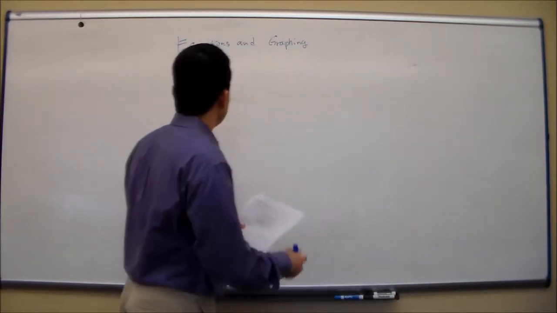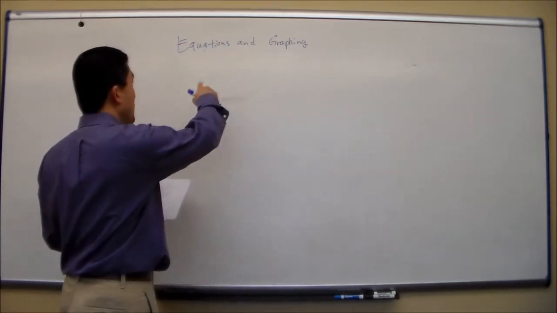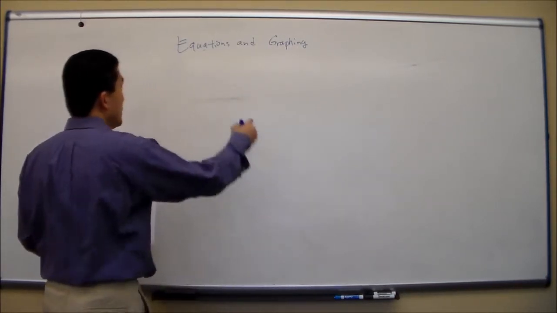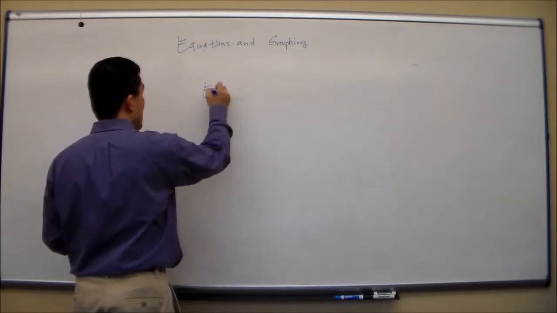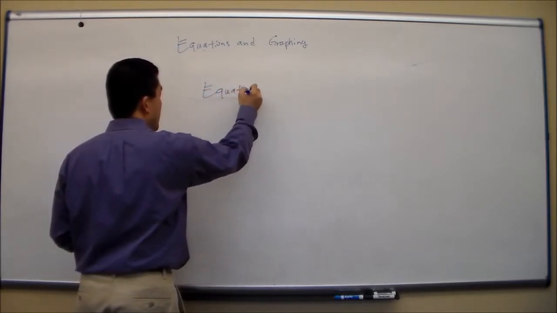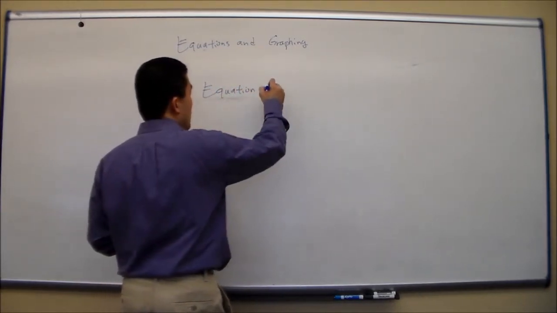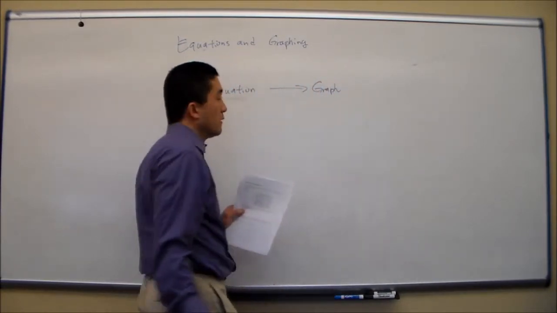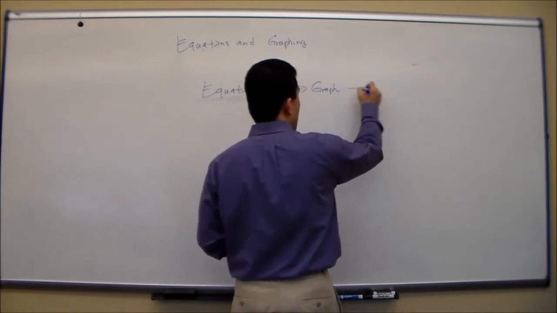So for this week, the topics are equations and graphing. After this class, if I give you an equation, you can give me a graph, and you should be able to explain the graph in words.